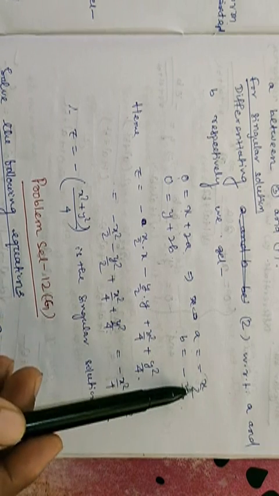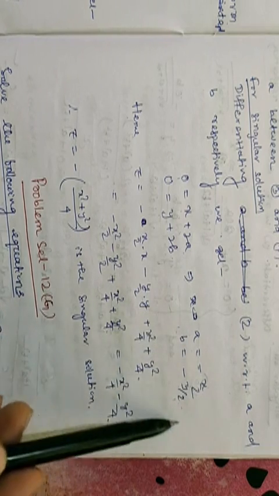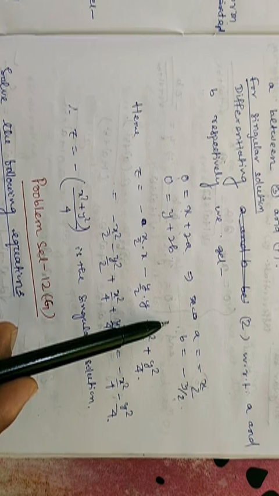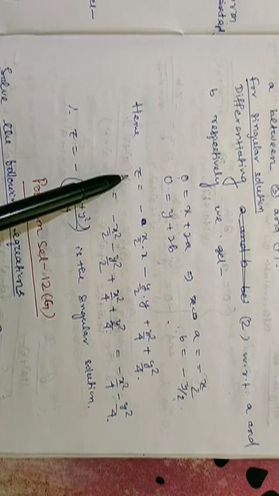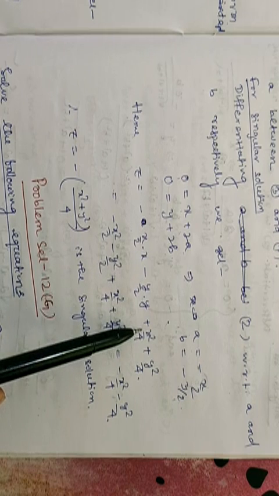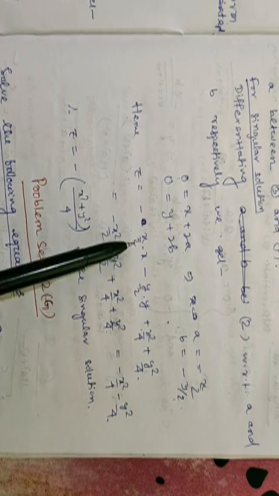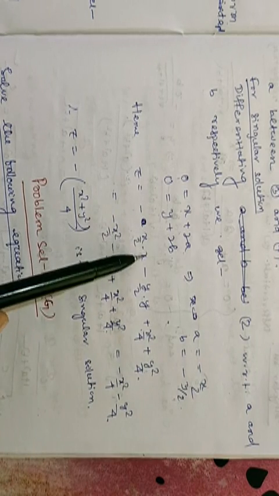Now we have a in terms of x and y, b in terms of x and y. Now this can be used in the complete integral to obtain the singular solution. So the complete integral is z is equal to ax plus by plus a square plus b square. So in place of a we write minus x by 2, that is minus x by 2 into x.